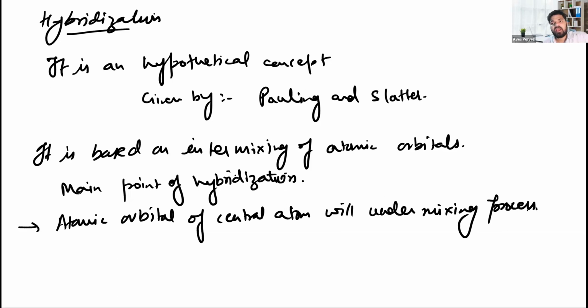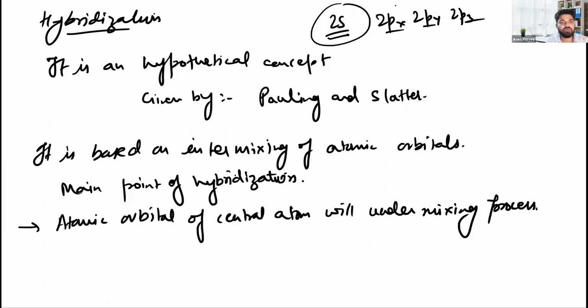The next point: the number of new hybrid orbitals formed by intermixing will be the same as the number of atomic orbitals that were mixing. For example, we have 2s and 3p in carbon, that is 2px, 2py, and 2pz, three orbitals.